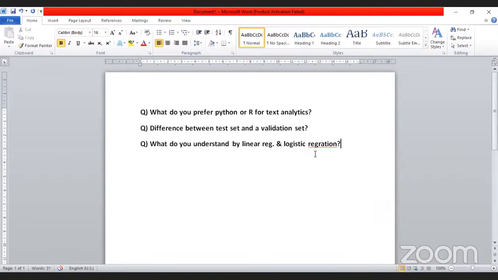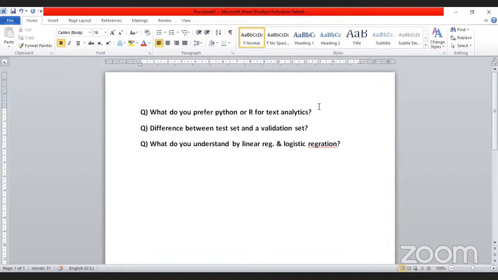So firstly, what is the definition we can go with? Linear regression is a form of statistical technique in which the score of some variable, like an output variable, is predicted on the basis of the input variable, right?